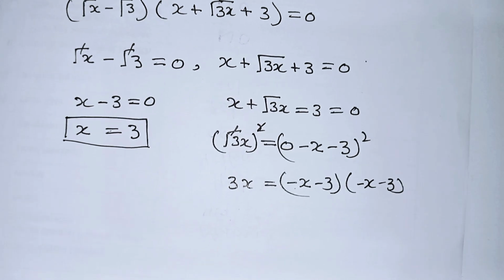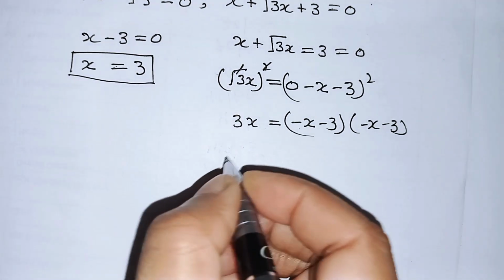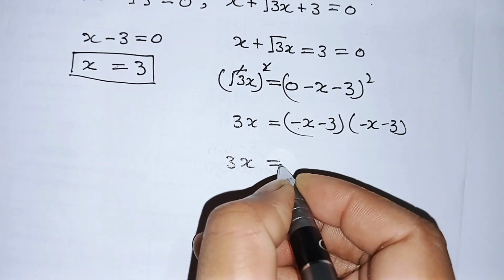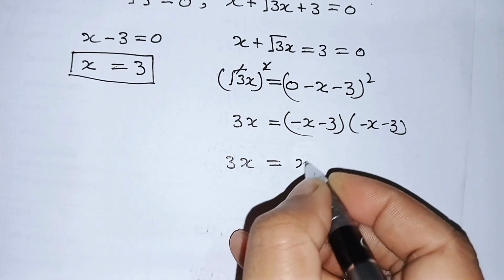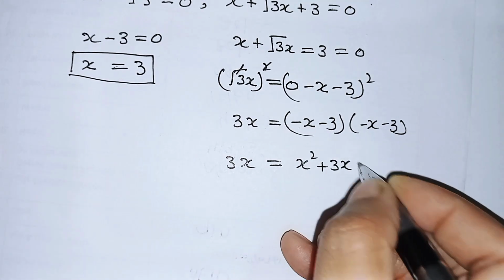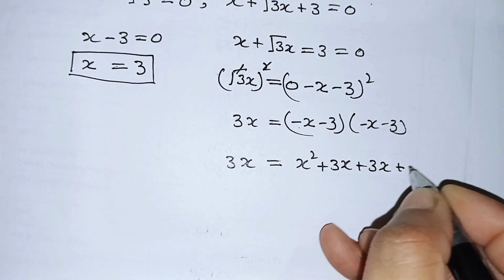Now 3x is equal to, multiplying them, x square plus 3x plus 3x plus 9.